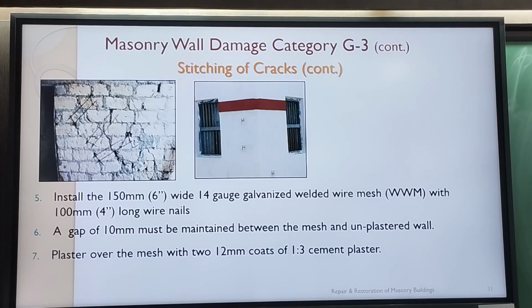So between the mesh and the wall surface, you have the plaster, because that is what also creates a good bond with the wall. If the mesh is just nailed to the wall and you apply plaster, then the plaster becomes very superficial. It doesn't provide a good, continuous bond with the wall, between the mesh and the wall. So that's an important thing. That gap has to be maintained between the mesh and the wall surface.